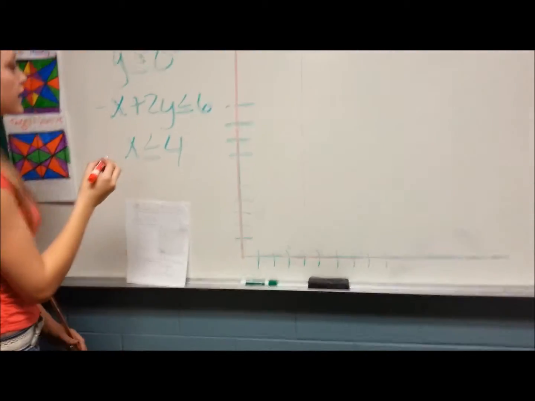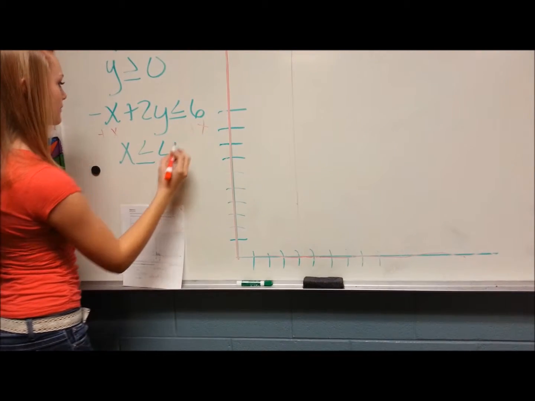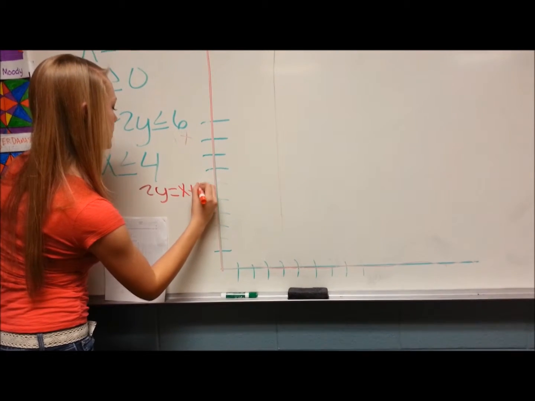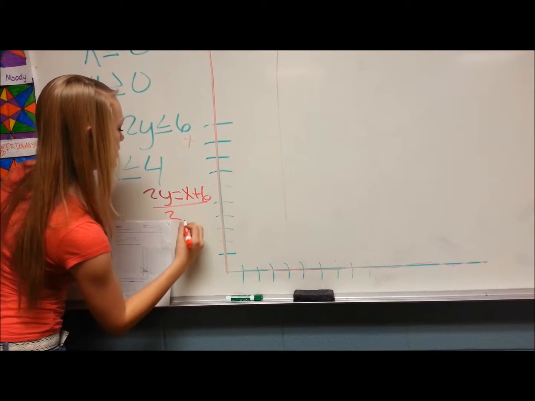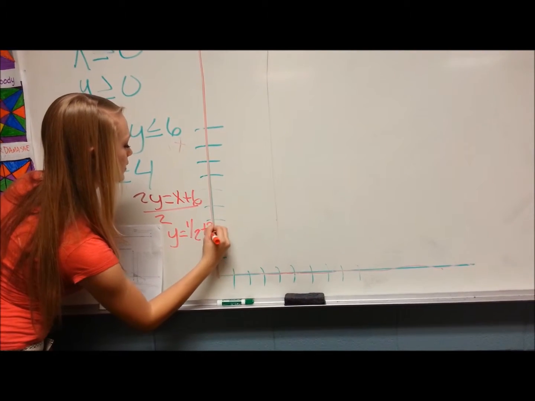And for this one, you have to get y alone. So you plus x on both sides. And you get 2y equals x plus 6. Divide by 2. You get y equals 1/2 x plus 3.